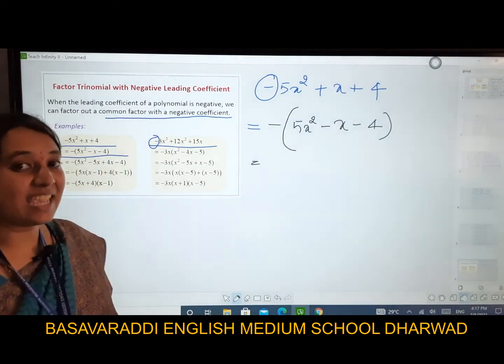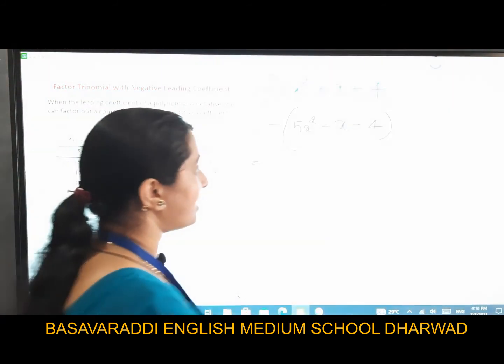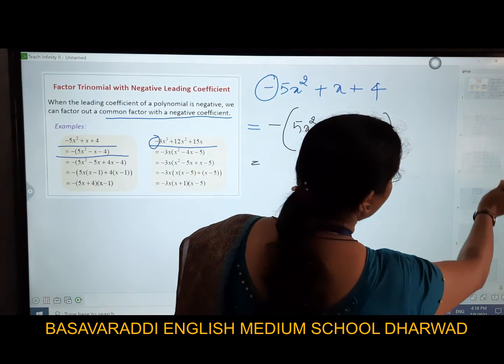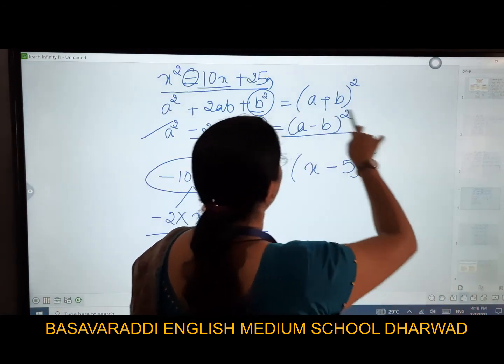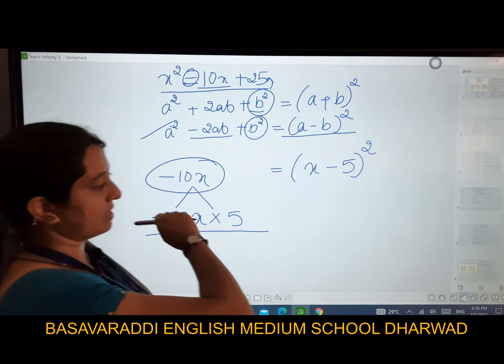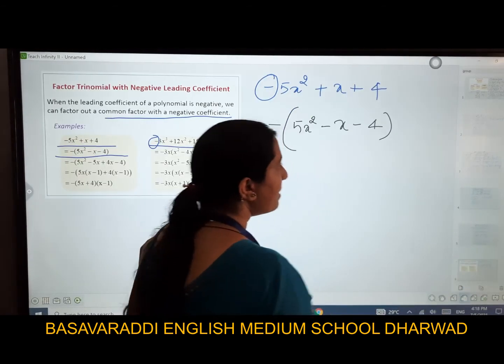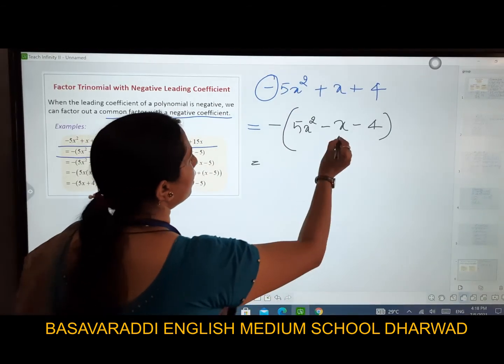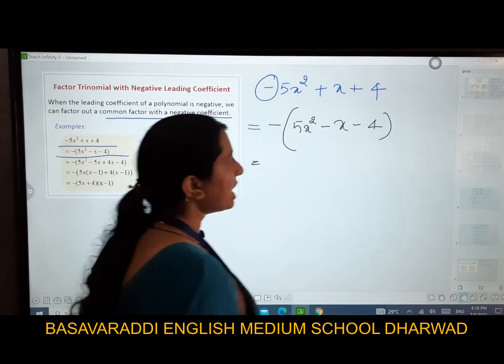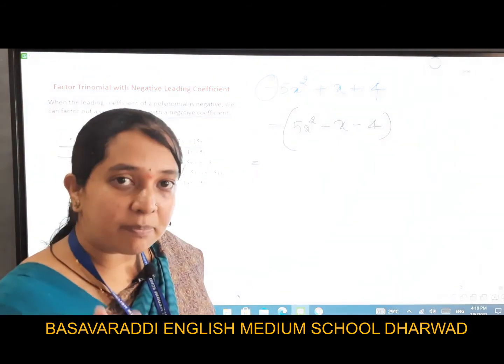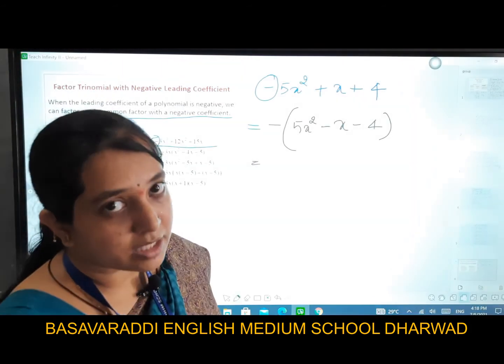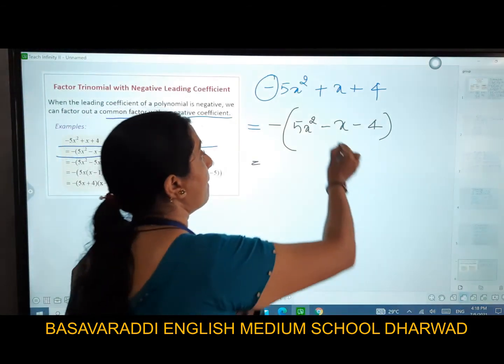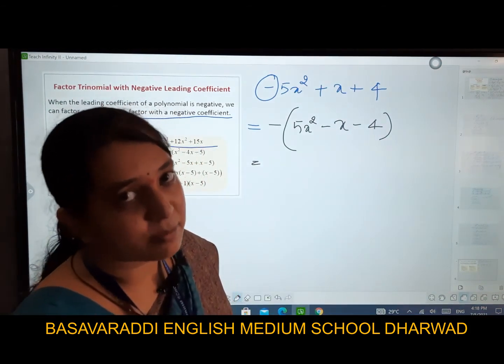Now it is again like the first one we have studied. Yes, we are going to split the middle term here. We have 5 4s are 20. Now when you multiply two numbers, you should get the answer 20. Remember, minus is there, so you should get minus 20.